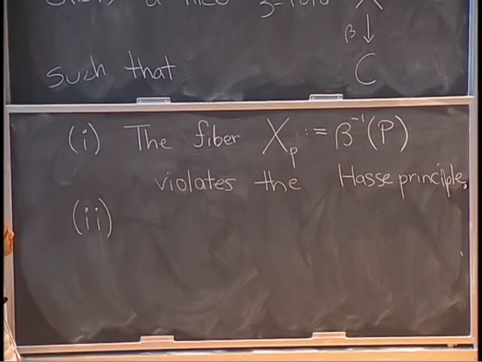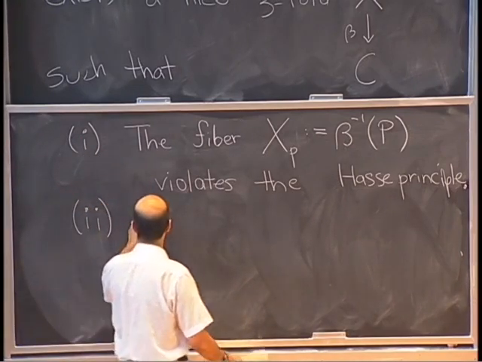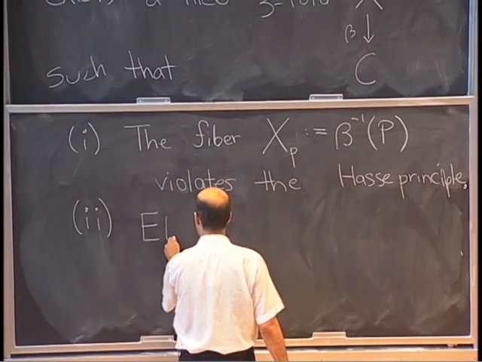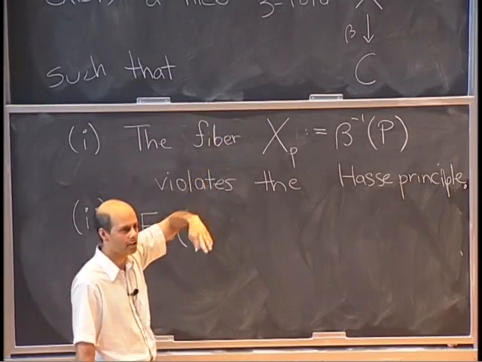Now I just have to make sure that this is not explained by the étale Brauer obstruction. So I now want to also arrange that the étale covers of C and the étale covers of X correspond.